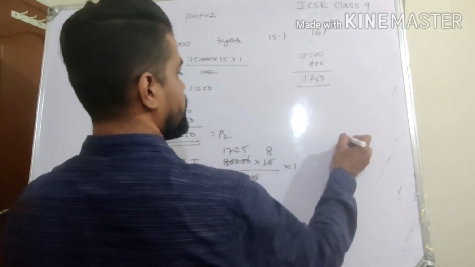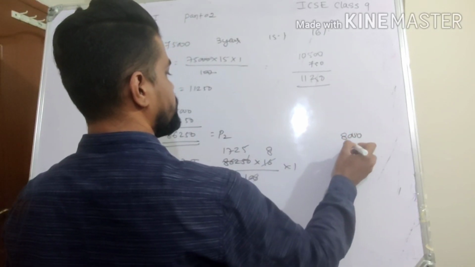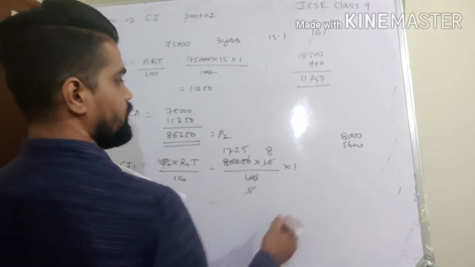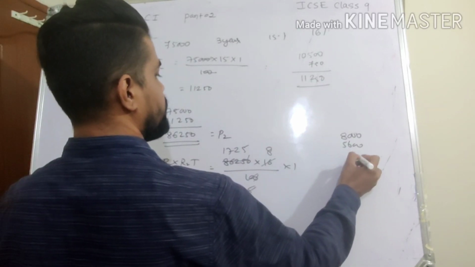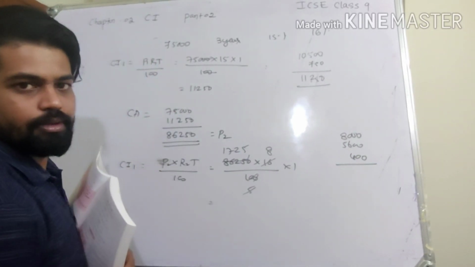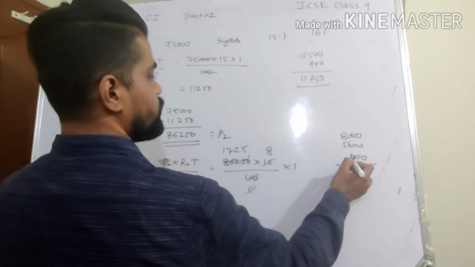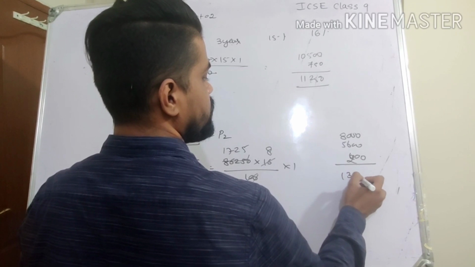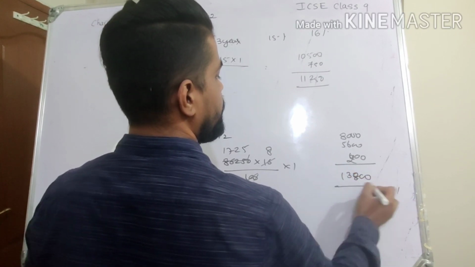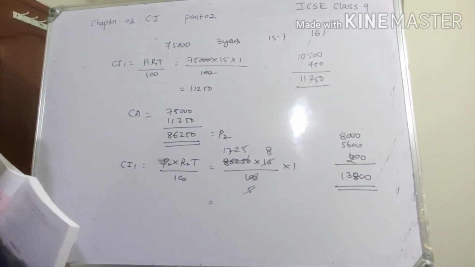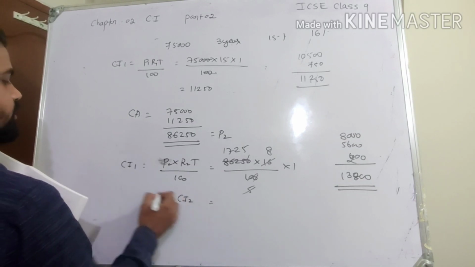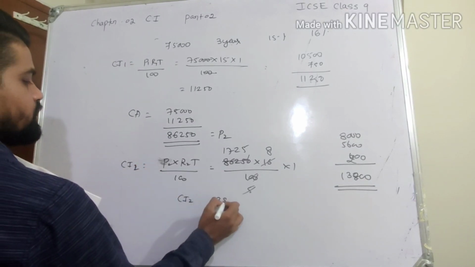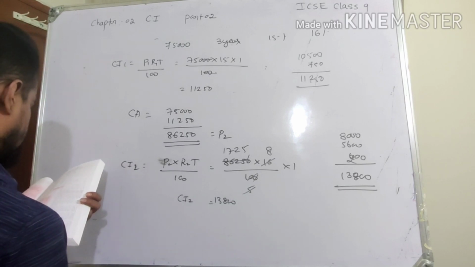So it will be 8000 plus 5600. I'm just multiplying one by one. And 8 into 25 is 200. So we add all of them. We get 13,800. So that is the compound interest for the second year. And what is the question they're asking?